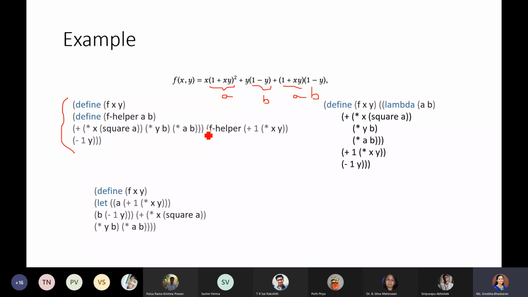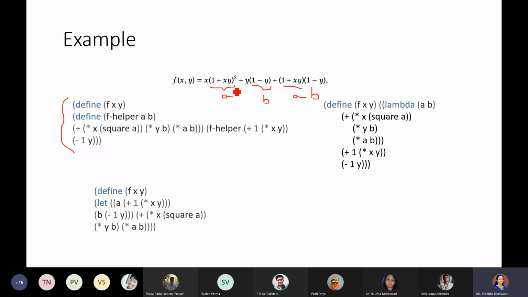After that, what is the next statement? I'm once again calling this f helper procedure by passing my a value. The f helper I have closed here as the body for this f function. I'm calling this f helper with what values? What is my a?